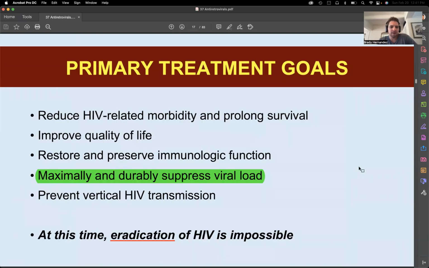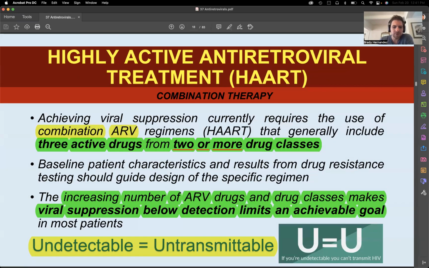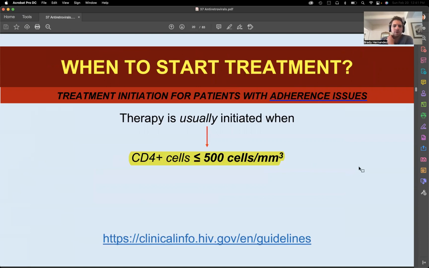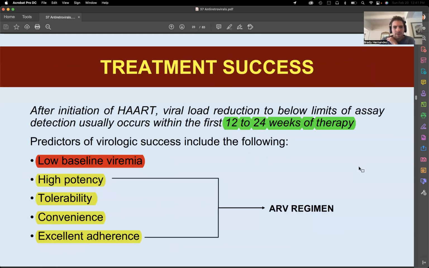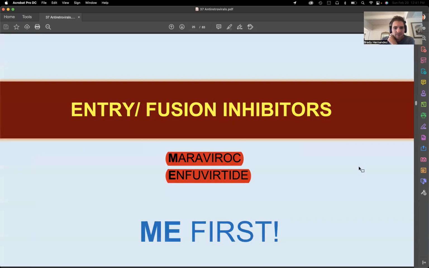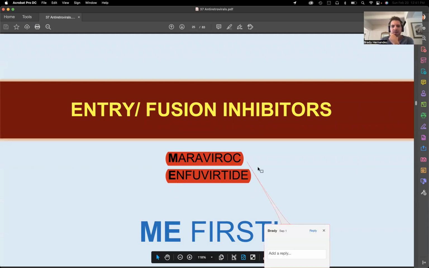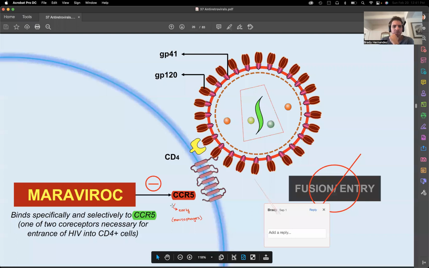And then the whole point is to decrease your viral load, and that will increase your CD4 count. So let's get to some of the drugs. I'll let you guys go, I know you'll have a lot to do. All right, entry fusion inhibitors. Me first is the way that Dr. Gatos described it. So knowing how these work will be a good one.